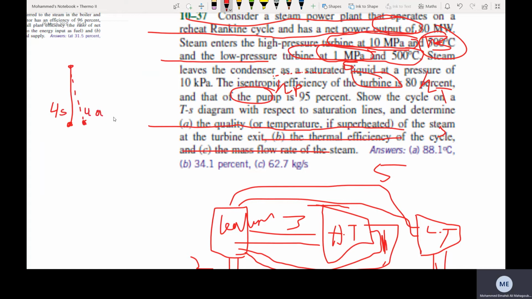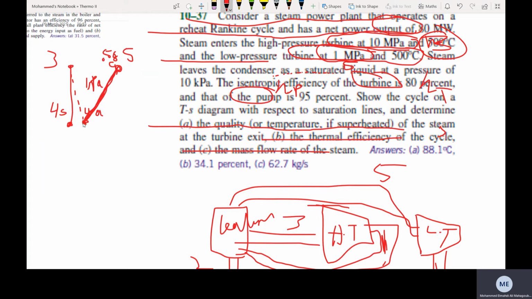After I find 4A, he tells me that this is the inlet for that turbine, which is point 5. This pressure here is 1 megapascal, because again it's going to operate at constant pressure. The temperature here is 500, but of course the temperature is not going to be constant, though the process takes place at constant pressure.